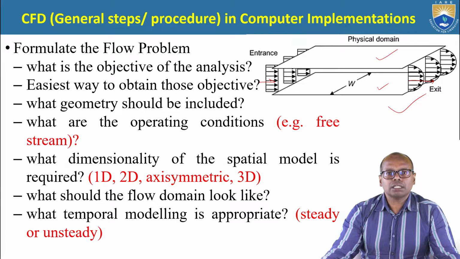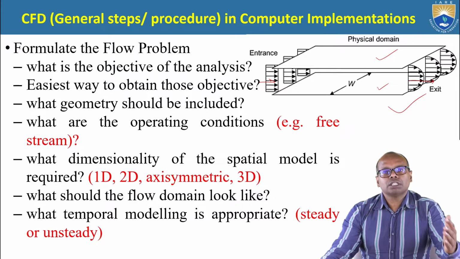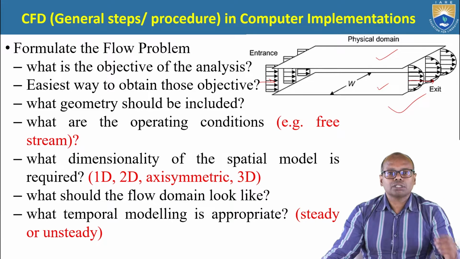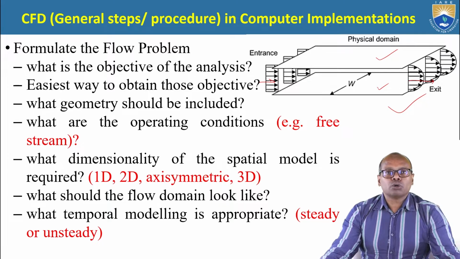This is generally followed in commercial tools, and customized tools can also follow the same process. This is the outline of the CFD process which can be adapted by any code.